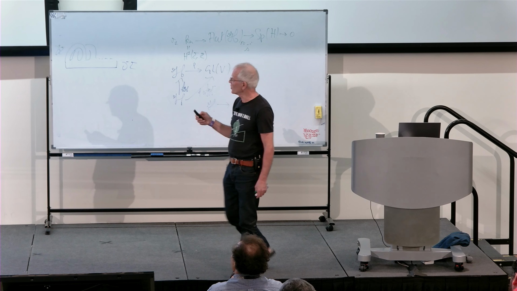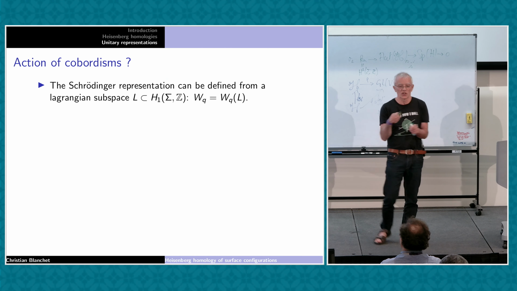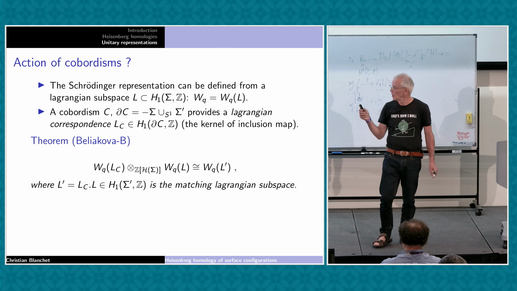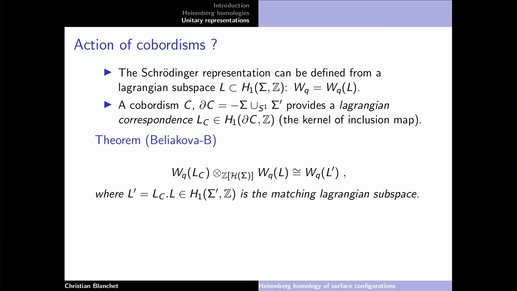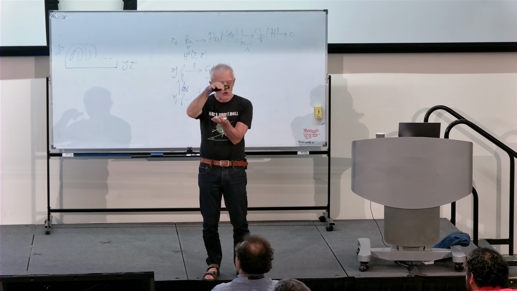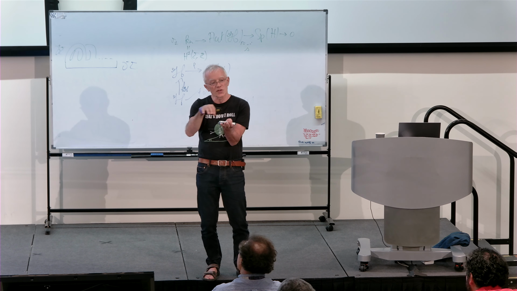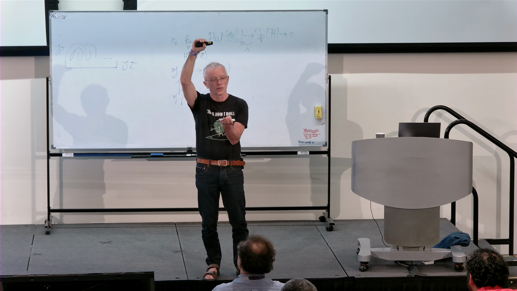In fact, the Schrödinger representation can be defined and fixed using a Lagrangian subspace in H1, so a g-dimensional subspace where the intersection form is 0. And then a cobordism will provide what we call a Lagrangian correspondence, meaning a Lagrangian in the homology of the union of the surface, which is the entrance of the cobordism, and the surface, which is the output.